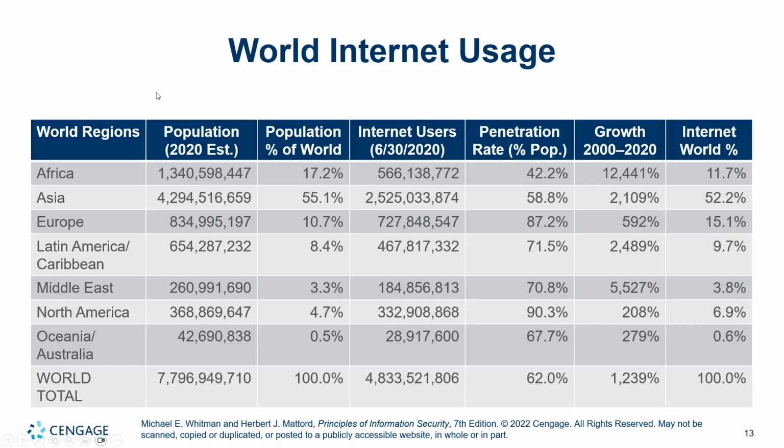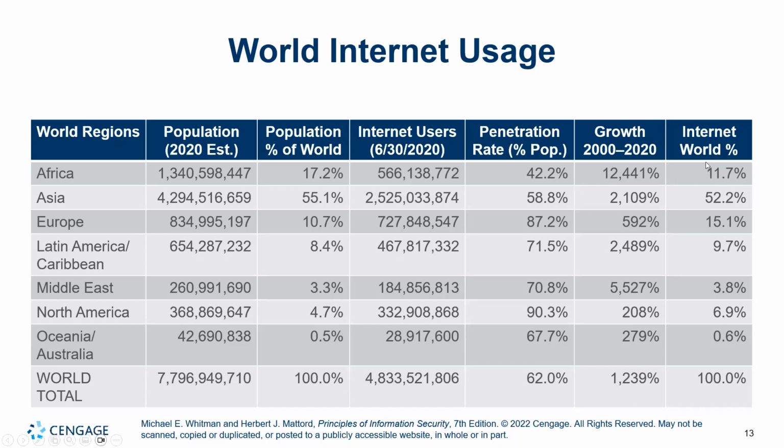So you'll notice the total population, as of 2022, is about 8 billion people. When you look at the internet users, it's very clear that some continents have a much higher rate of internet usage and growth. Because of that, more of their population is exposed.